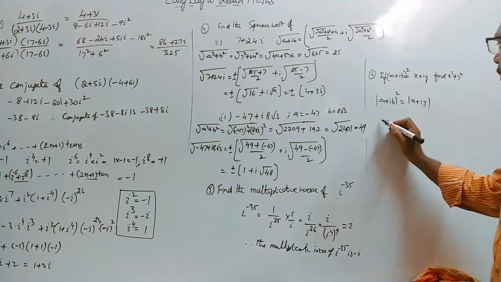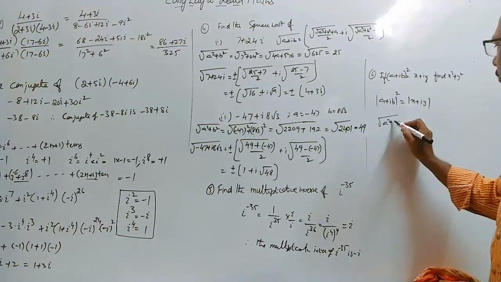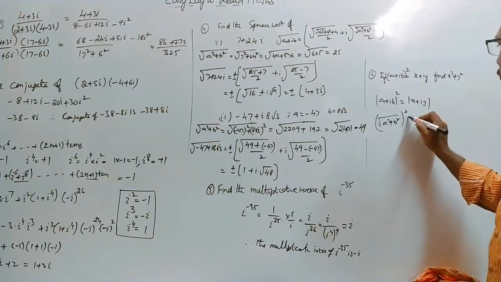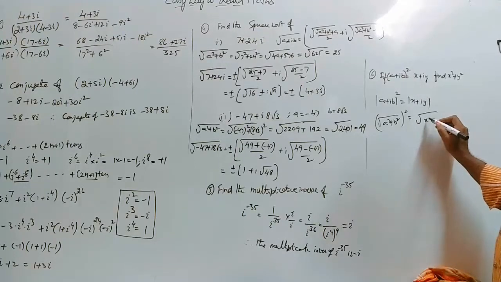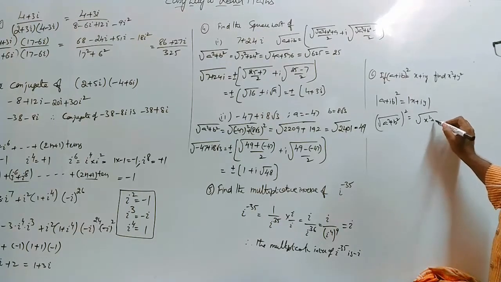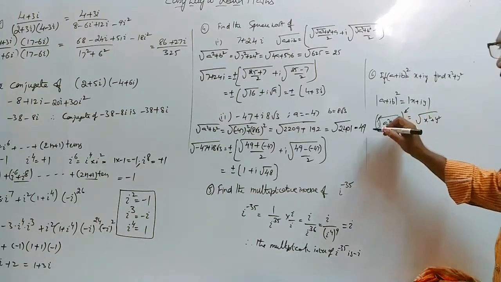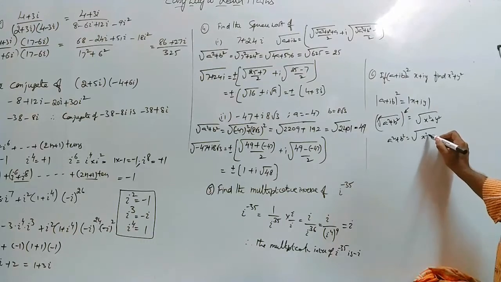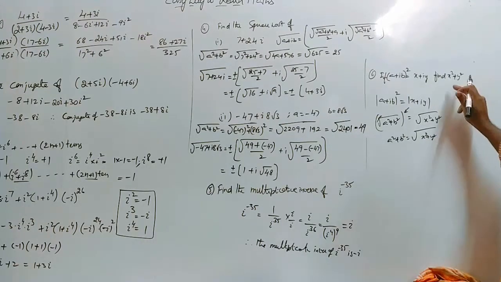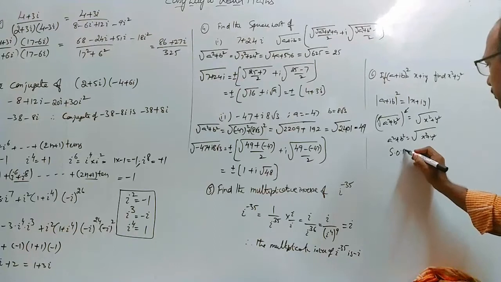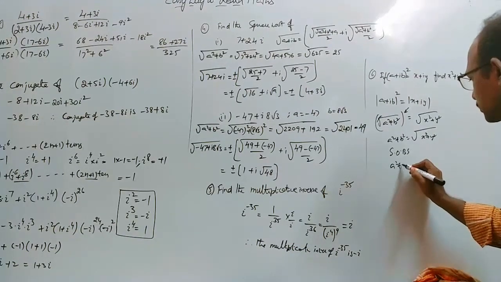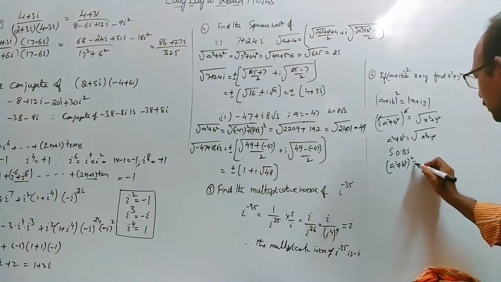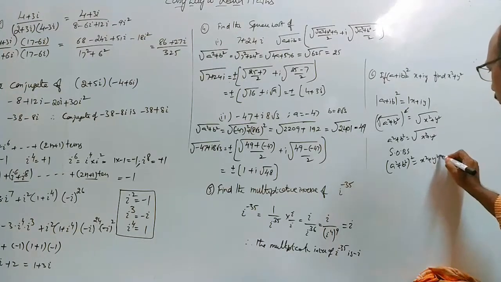Then here square root of a square plus b square whole square is equal to square root of x square plus y square. Then here the root and square get cancelled. A square plus b square is equal to root of x square plus y square, and we want the value of x square plus y square only. To find the value of x square plus y square, squaring on both sides, then (a square plus b square) whole square is equal to x square plus y square.